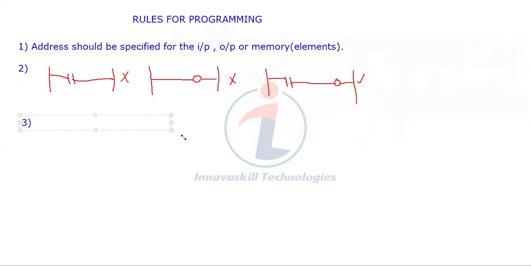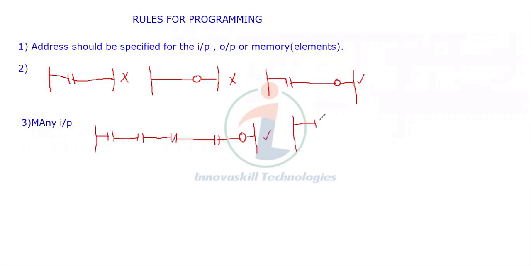Next, in case you have many inputs, you can connect the inputs either in series, for example NO, NC, like that, with different combinations, or they can be connected in a parallel combination.